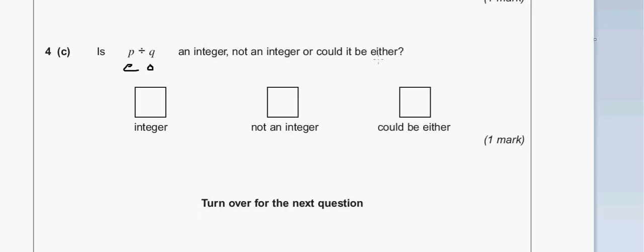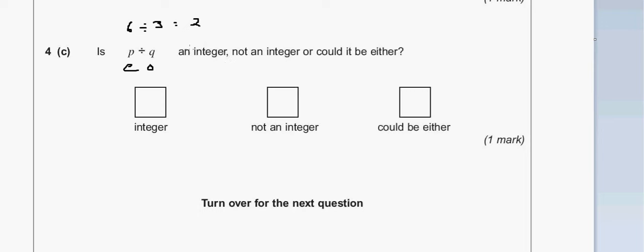Okay. Now, if we have an even number, say like 6, okay, and we divide this by an odd number, let's say 3, now 6 divided by 3 gives us 2. Okay. Now that's produced an integer.